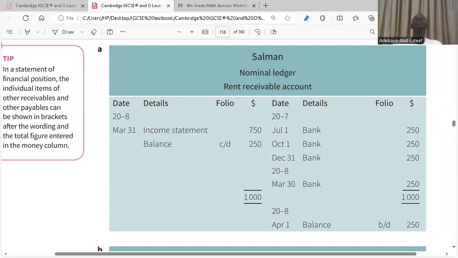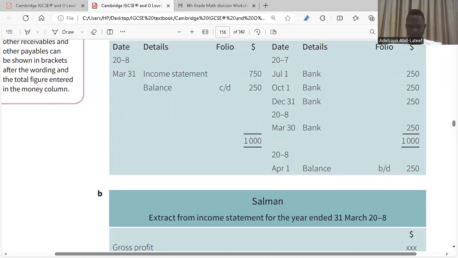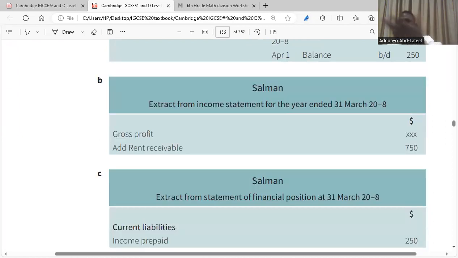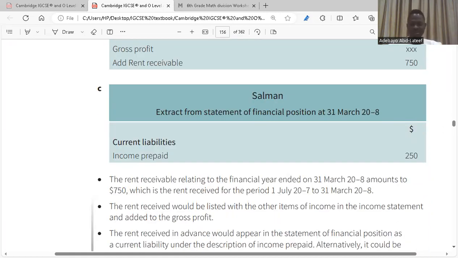And 250 will be in the statement of financial position as liability. As prepaid rent. Is it clear? So you call it prepaid rent or income prepaid. It's the same as prepaid rent, or prepaid income. Yeah, it's the same. Is it clear? Yes. All right.